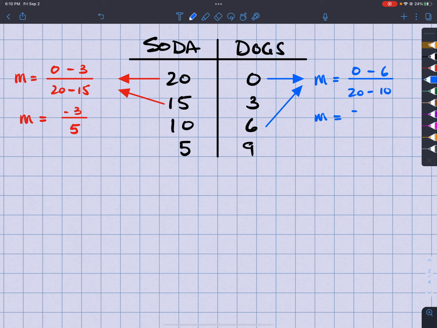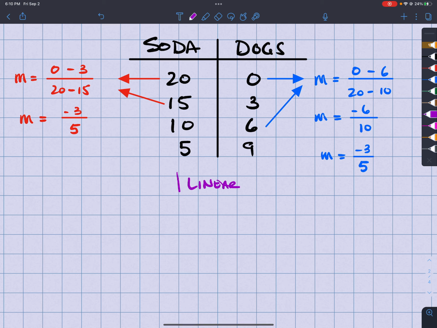I get a negative 6 over 10. Well, what does that reduce to? That reduces to negative 3 over 5. So if you notice that my two slopes are the same, so therefore these sets of points are going to be linear. Okay? All right.